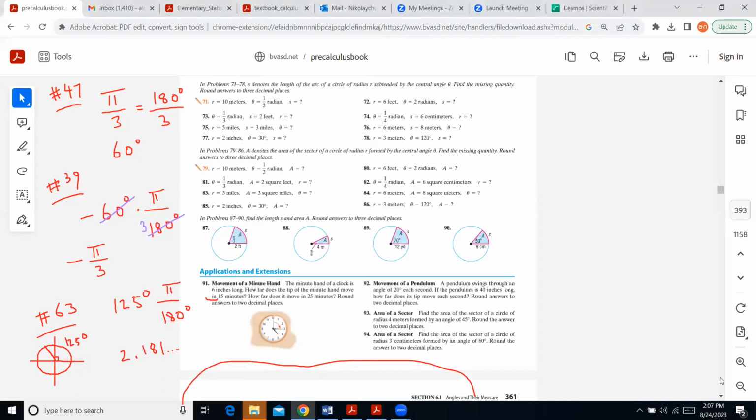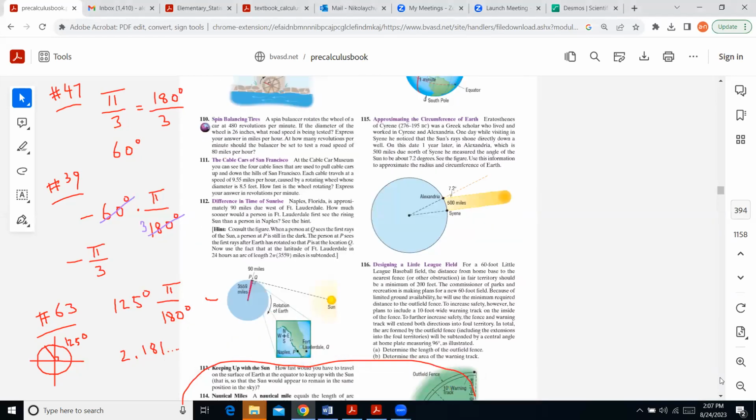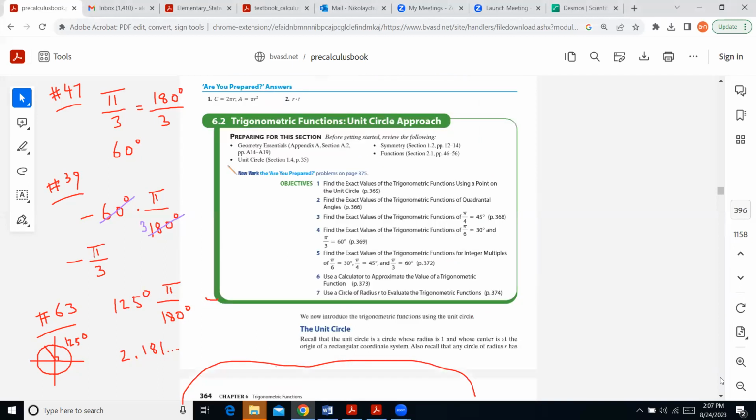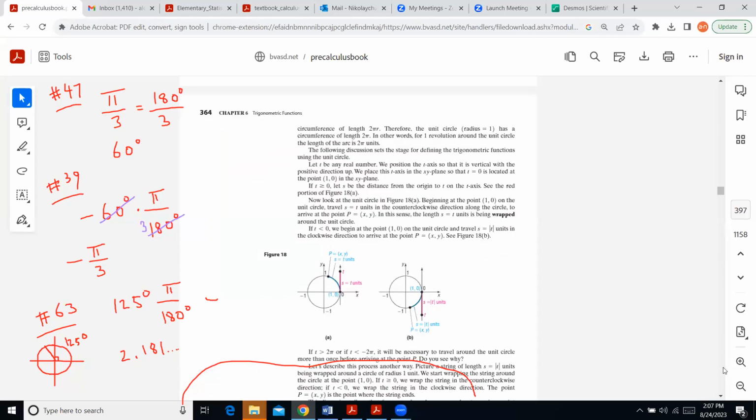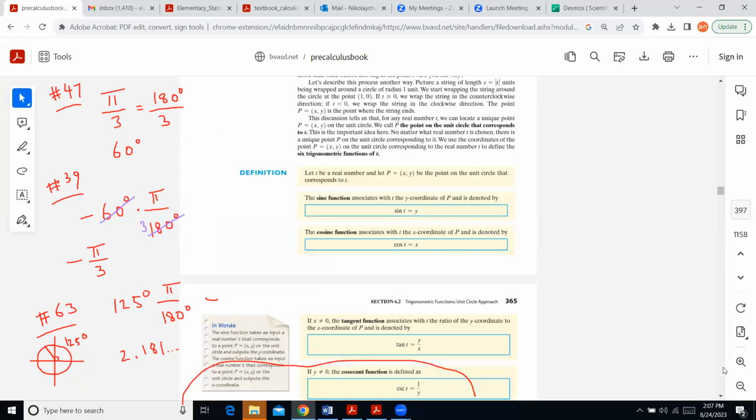Let me go to section 2 of chapter 6. And actually now we're going to produce new functions, so-called trigonometric functions. And those trigonometric functions are something that people think of in terms of sine function and cosine function, sine and cosine.